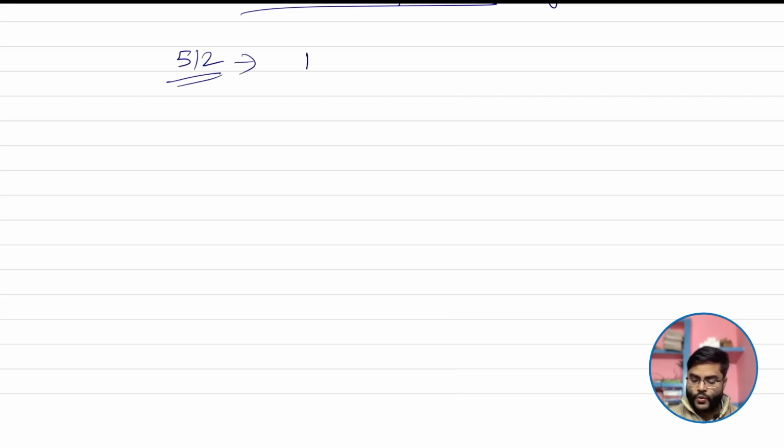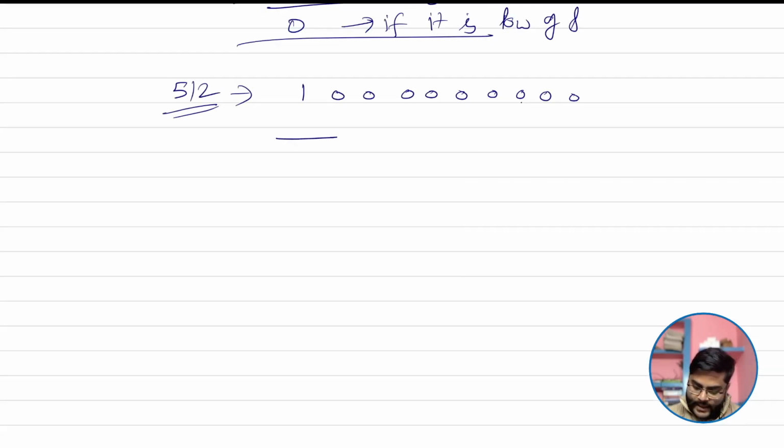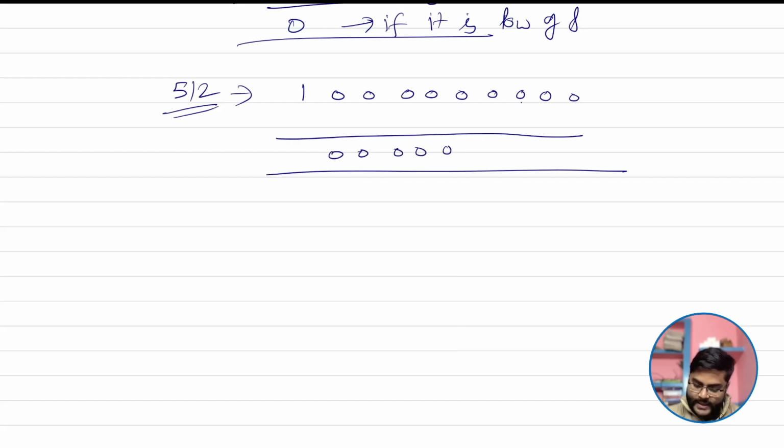So it will be 512 and all zeros: 512, 256, 128, 64, 32, 16, 8, 4, 2, 1. Right. Now I want the answer as 0 if it is a power of 8. So 512 is a power of 8. I want to create such a mask that it will give me 0.